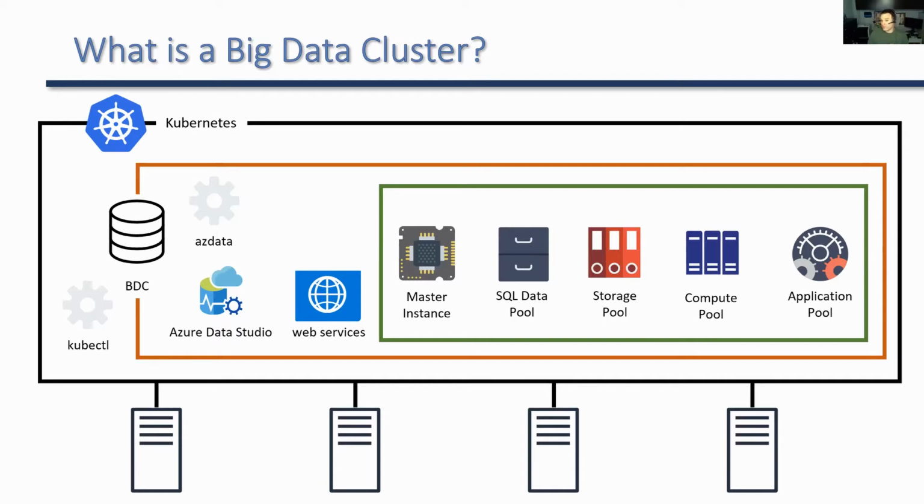There's also web services that you can use to manage and access data in the cluster. Azure Data Studio plays a big part. It's a great way to deploy a big data cluster as well as to query it and work with it. And then we have that AZ Data tool I told you about, which actually manages the cluster itself from the client side.